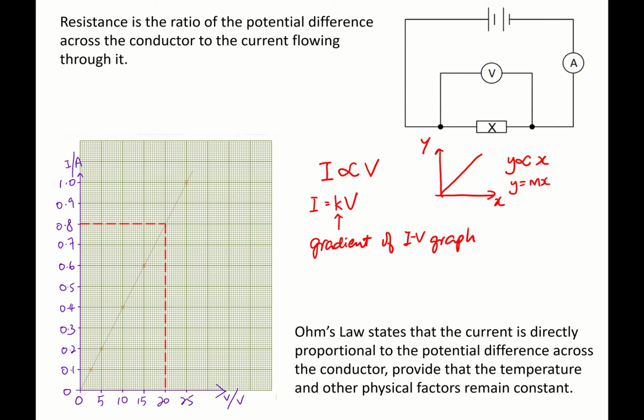Because of this, we know that R equals V over I. And V, we have 20, I, we have 0.8, and hence we have 25 ohms.